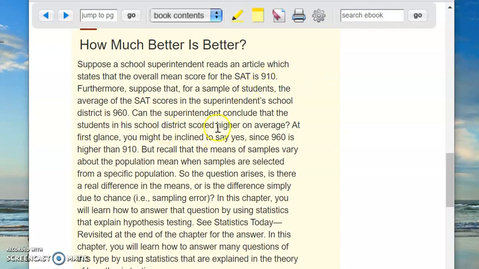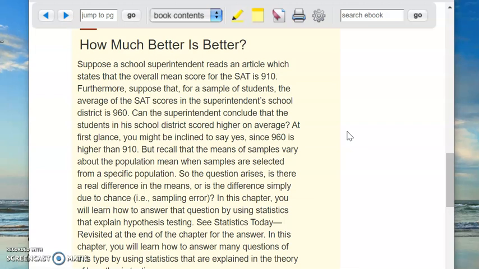So you might think at first glance that, well, 960 is better than 910, therefore on average, the students in this school district did better, okay? You might think that because 960 is more than 910. But what we know from our previous studies is that the means of samples, so you take a bunch of samples from a population, those means themselves, the X bars themselves, are actually a random variable, and they can vary about the mean.